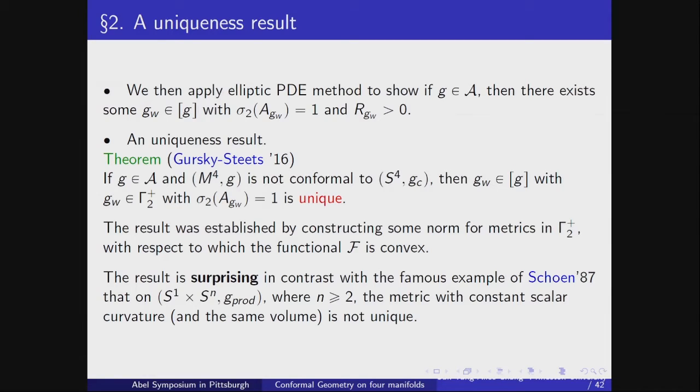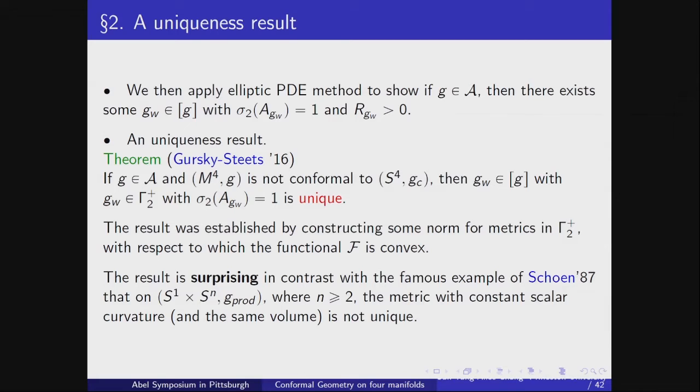And this result is surprising and important in the sense that we know that one of the problems of the Yamabe problem is that the representative in the same conformal class with scalar curvature equal to 1 is not unique.